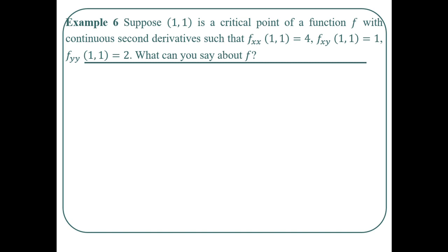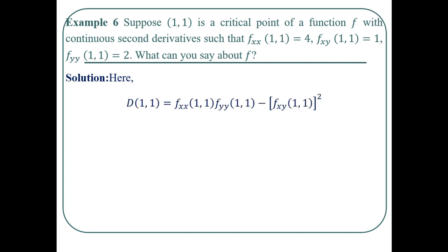To apply it, we first find the discriminant D at the point 1, which is equal to f_xx at 1 into f_yy at 1 minus (f_xy at 1) square, which is equal to 4 into 2 is 8, minus 1 square is 1. 8 minus 1 is equal to 7, which is greater than 0.